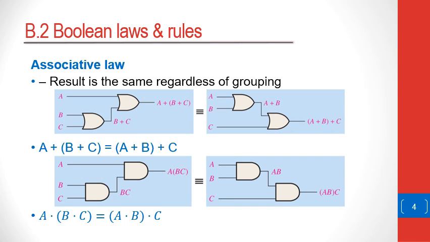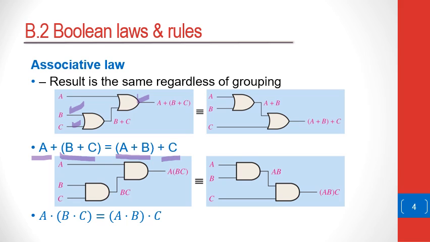The associative law, which talks about grouping, means that the grouping is not relevant. It doesn't matter whether you start with B or C and then take the result of that and put it through an OR gate with A, so you have A or a group of B or C. The result will be exactly the same as when you have grouped A or B first and then C later.